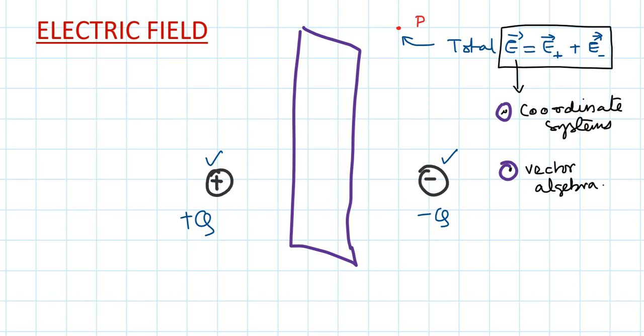The regions involved are called the equatorial plane and the dipole axis. So we will be determining the electric field at any point on these two regions.